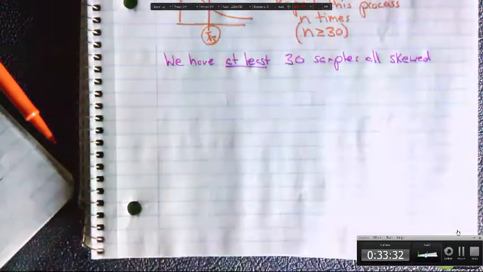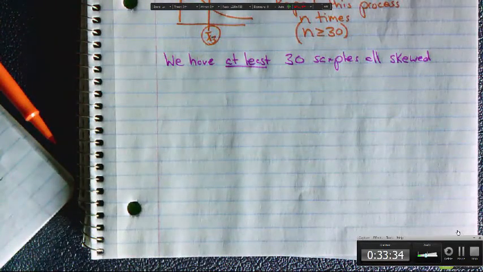They will all be skewed. That's always going to happen. If you collect it randomly, you will never have data about income that is not skewed.